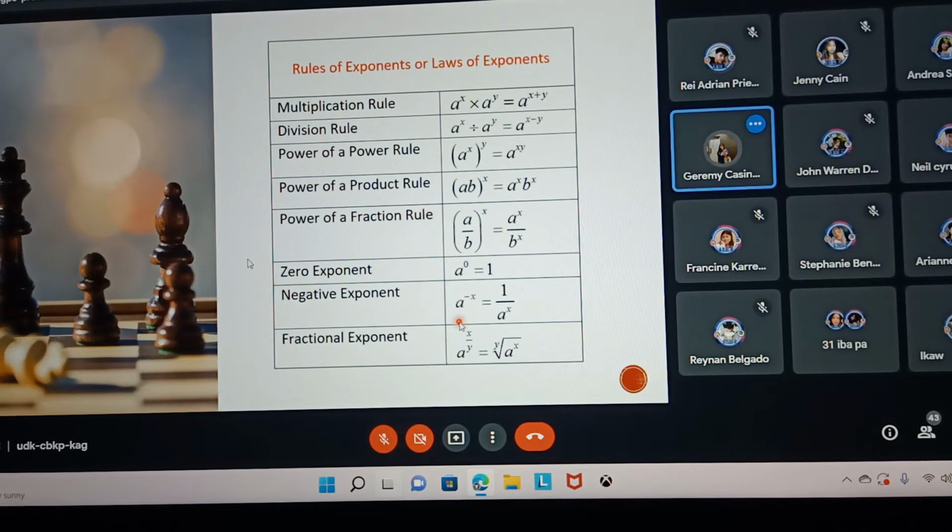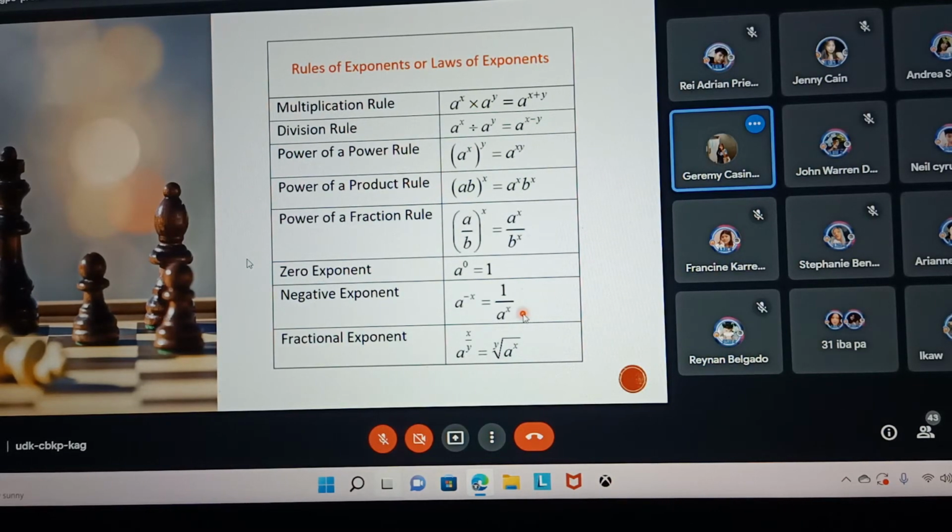So, pag ni-reciprocal natin siya, magiging 1 over x raised to positive x na yan. So, from negative x, magiging positive x, para lang ma-eliminate natin yung negative exponent. Kasi bawal po ang merong negative exponent.